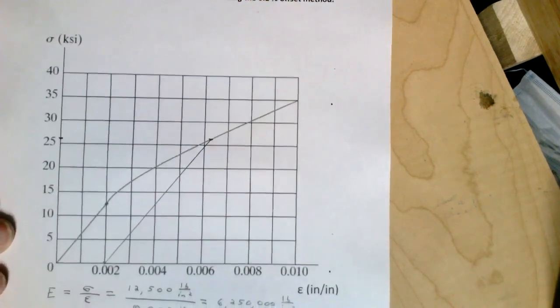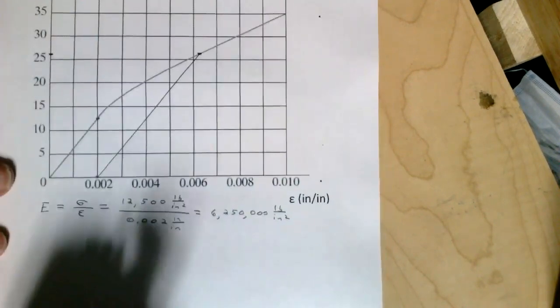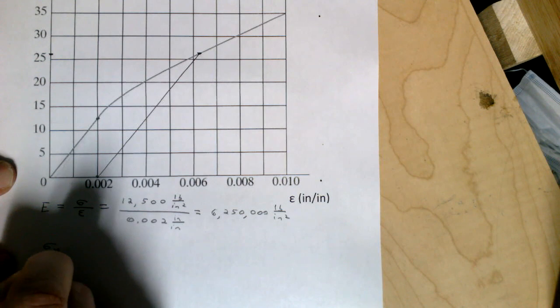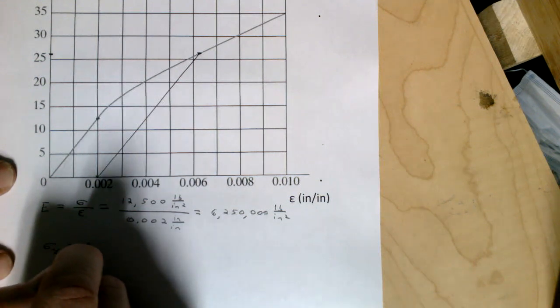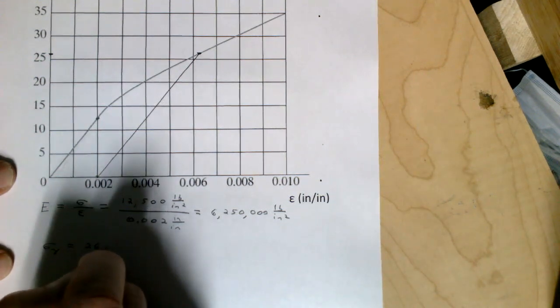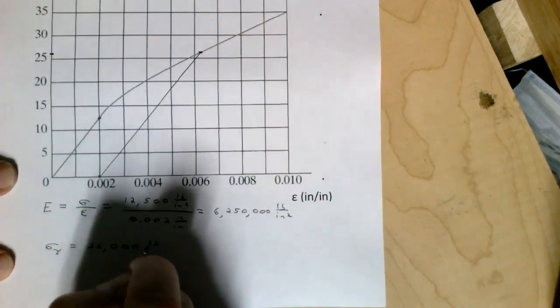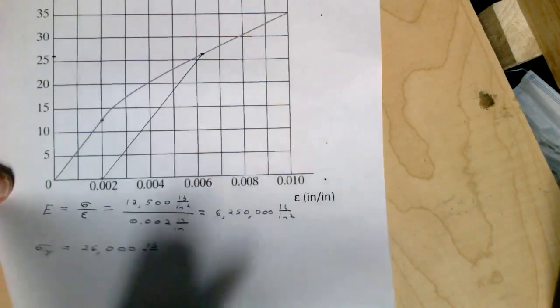Reading this over here, it looks like about 26 KSI. So the yield stress is about 26 KSI, or 26,000 pounds per inch squared.